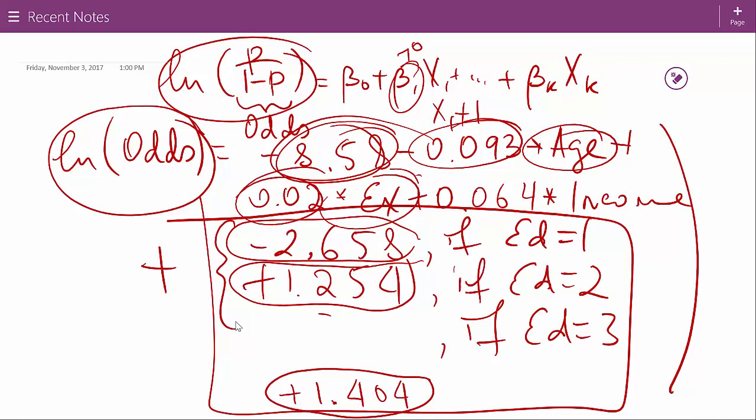The highest positive number, the second highest positive number is my second winner, and the least positive number, in my case negative, gives the least odds. So therefore, the highest odds of getting a loan belong to people with a doctorate degree. Then, for people with a master's degree, odds are slightly less. And people with only an undergraduate degree, odds are the lowest of the 3. Make sense? How are we doing?